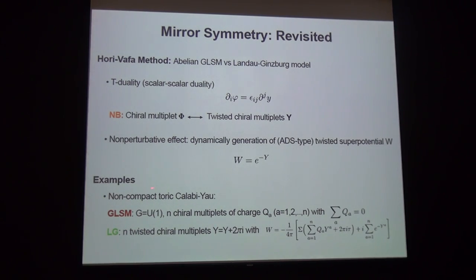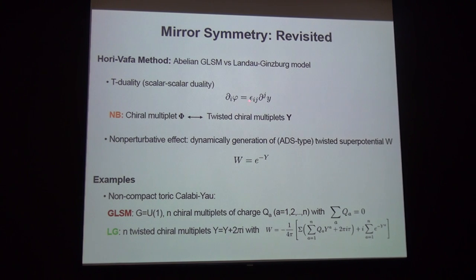So let me first explain 2 important ingredients to devise this beautiful Hori-Vafa method. One is the T-duality, which is also known as the scalar-scalar duality in 2 dimensions, which can be summarized by the simple equations, where phi and y are real scalar fields in 2 dimensions.